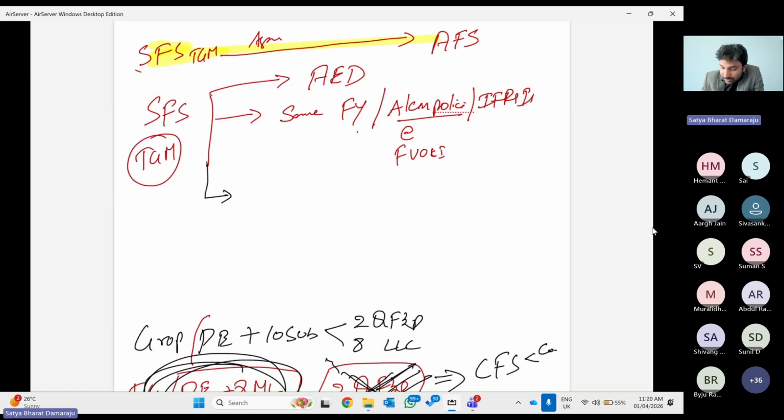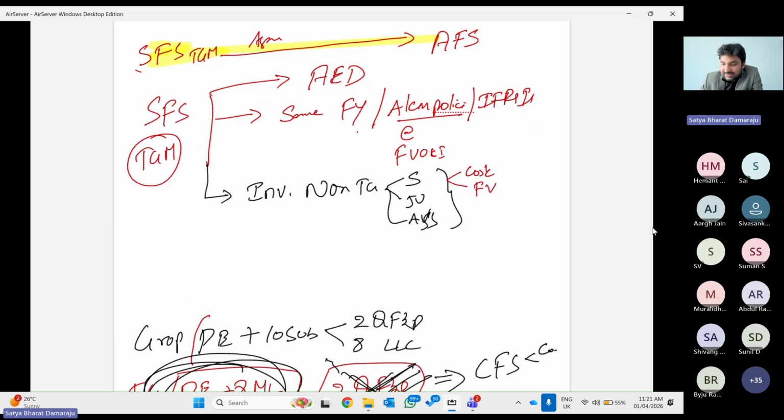Now, when you have an investment in non-tax group members, be it a subsidiary, joint venture or associate, how do we generally carry them in our standalone financial statements? We have 3 choices. You can go by the cost method, or subsequently measure them at fair value as per IFRS 9, or follow the equity method, IAS 28.